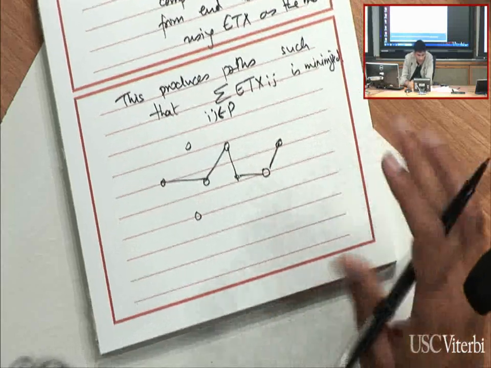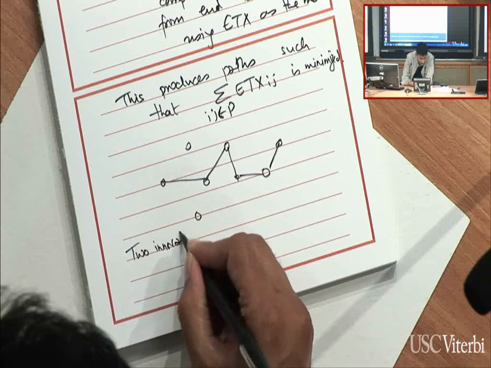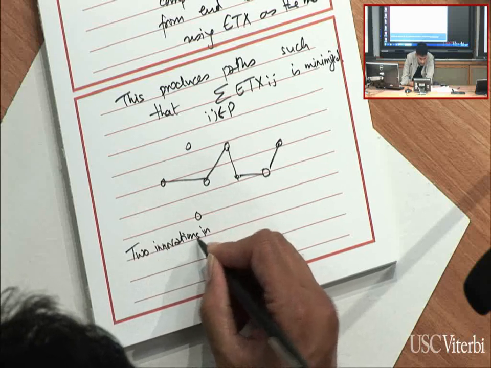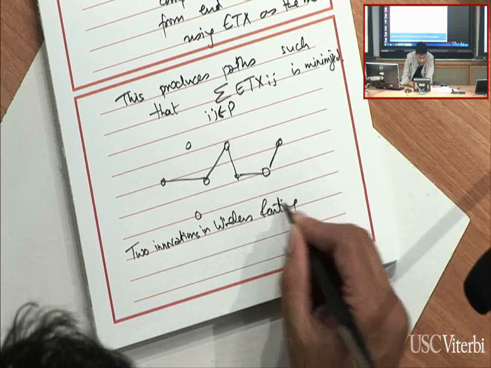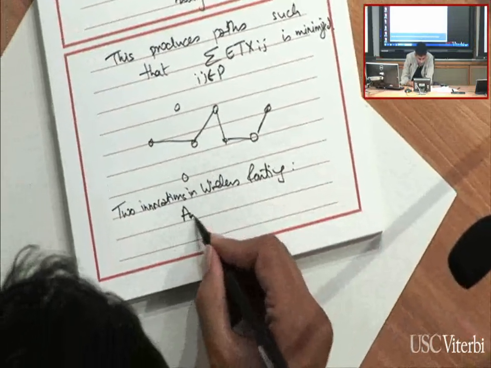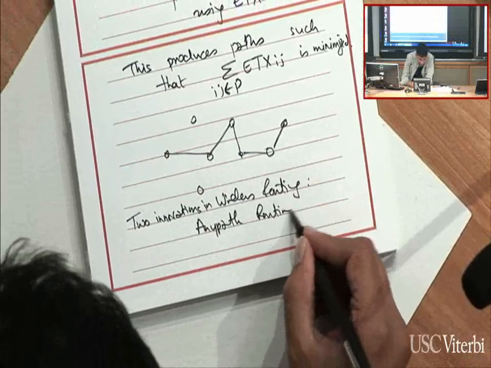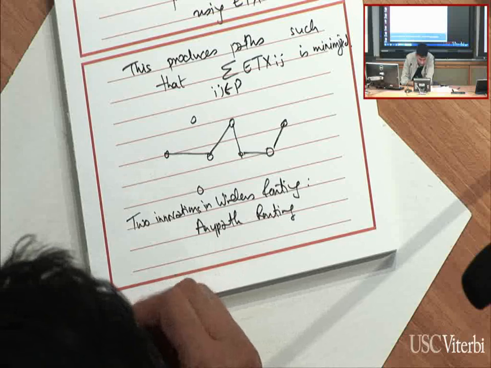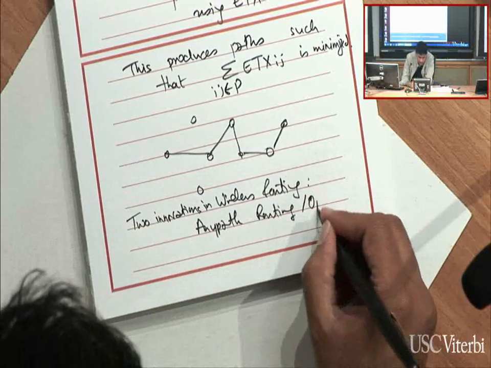So I want to talk about two innovations in routing. The first innovation is the use of something called anypath routing, sometimes also called opportunistic routing.